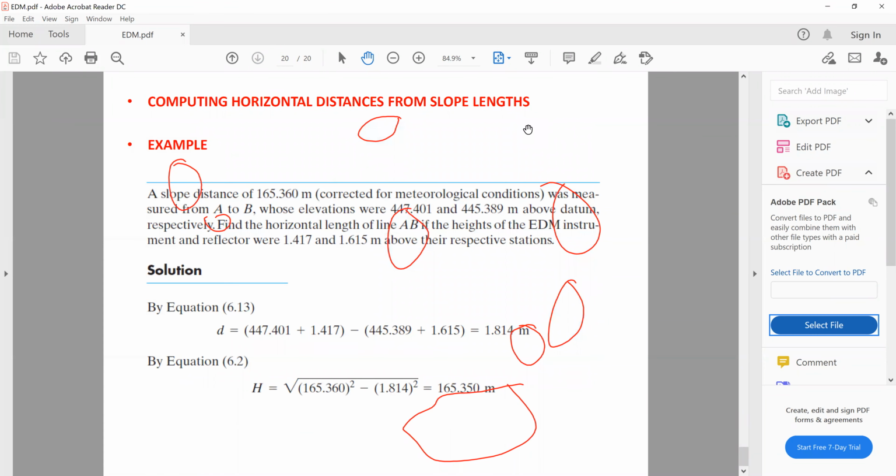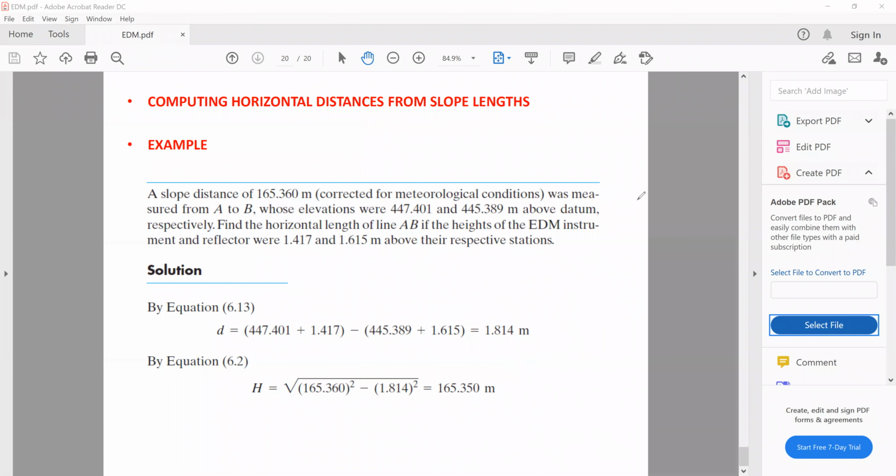So this is a very simple problem of the concept that we have just discussed. A slope distance of 165.36 meters was measured from A to B. This is the distance which the instrument is giving you. The elevations of the 2 points are given. Find the horizontal length of the line AB if the heights of the EDM instrument and reflector were this much.